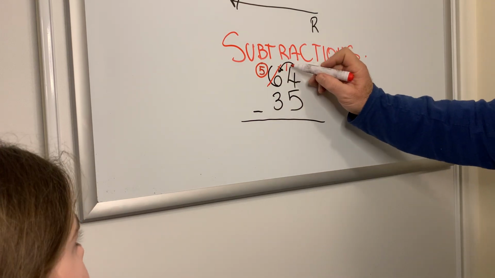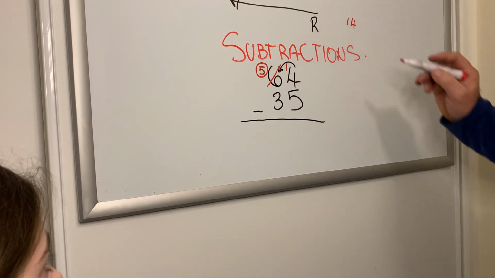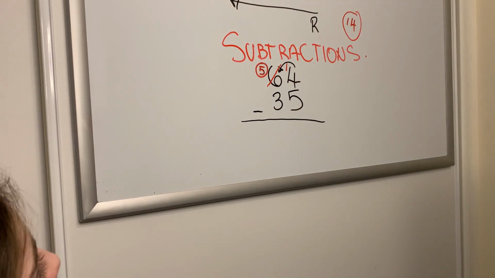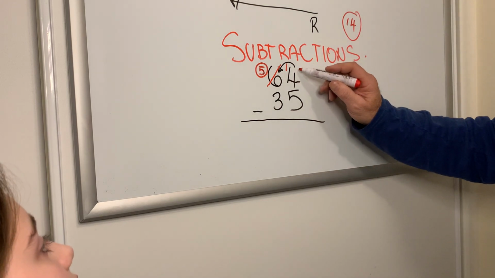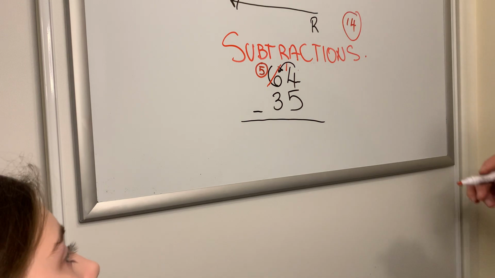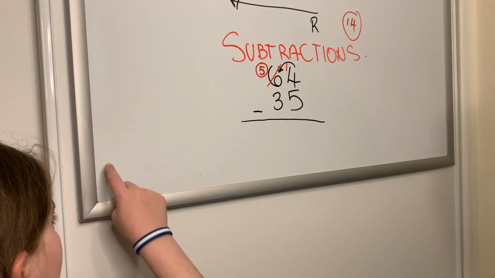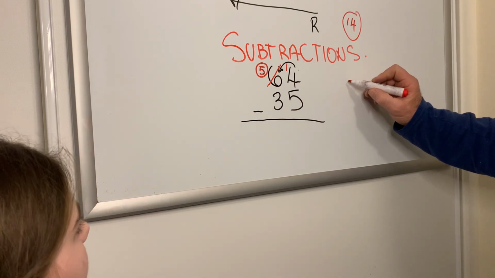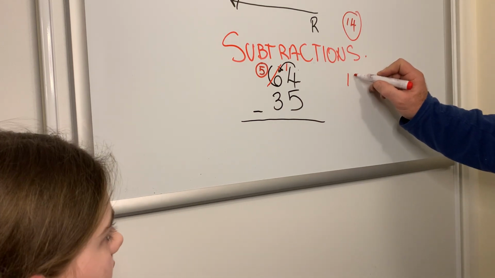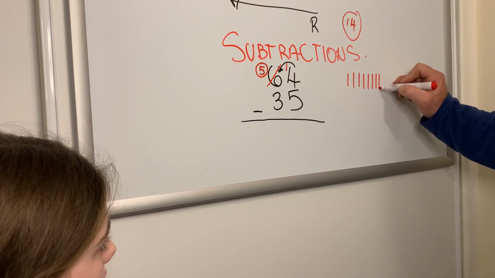So when we look at a 1 and a 4, what number is that? 14. So now we have 14 take away 5. What's 14 take away 5? Let's say if you didn't know, Logan, we start from 5, 6, 7, 8, 9, 10, 11, 12, 13, 14.